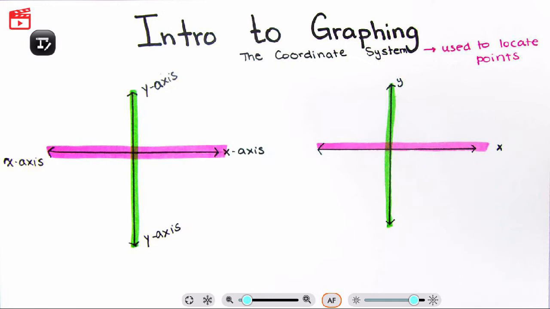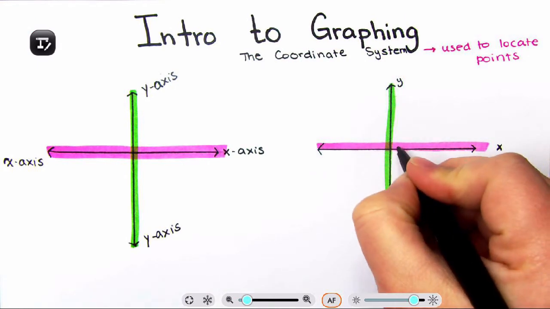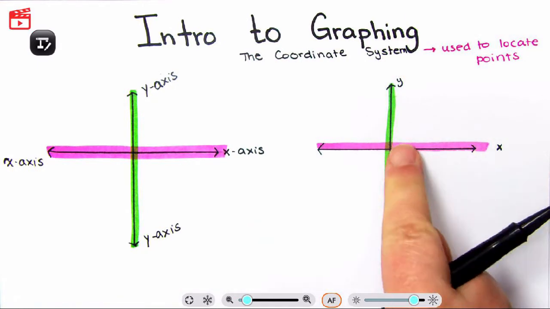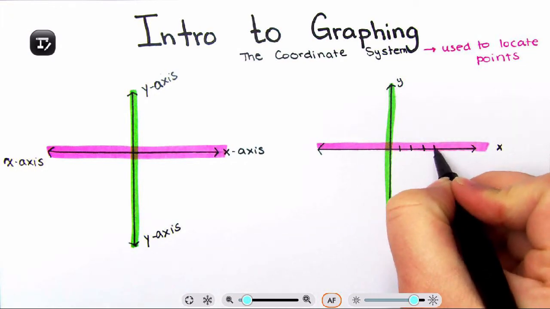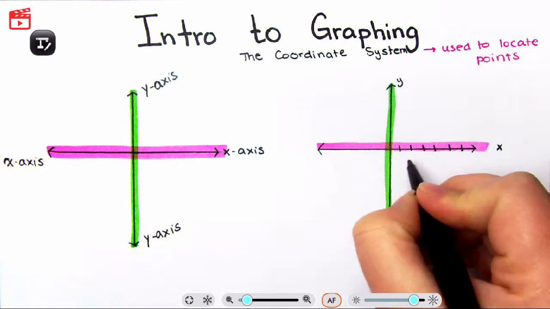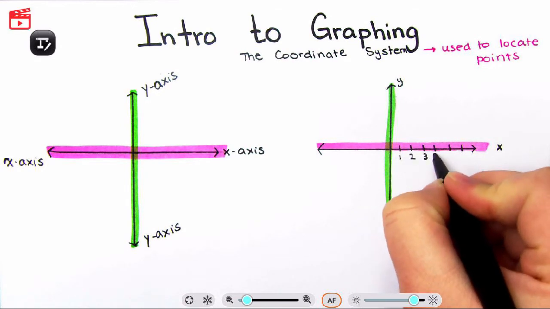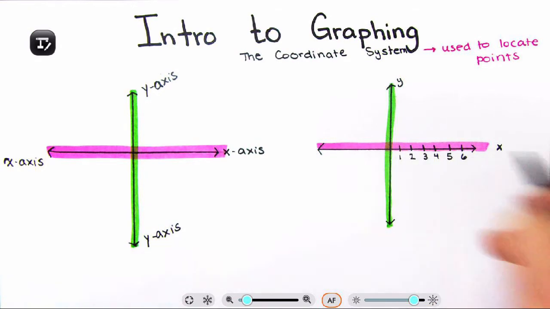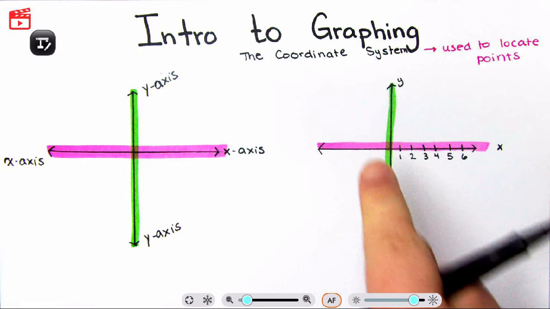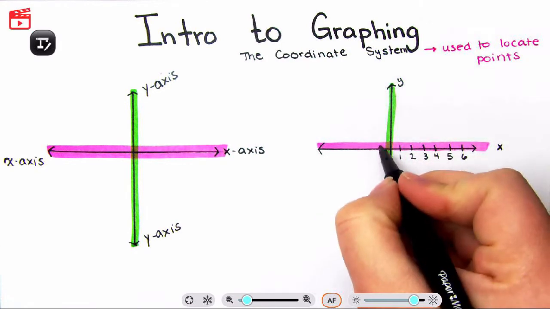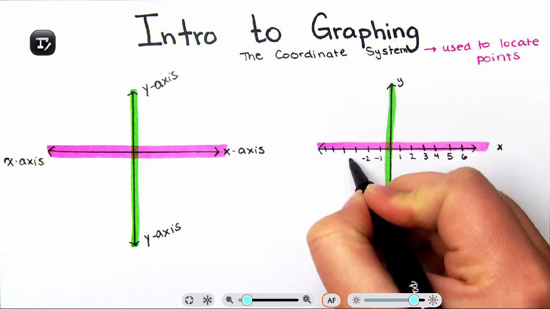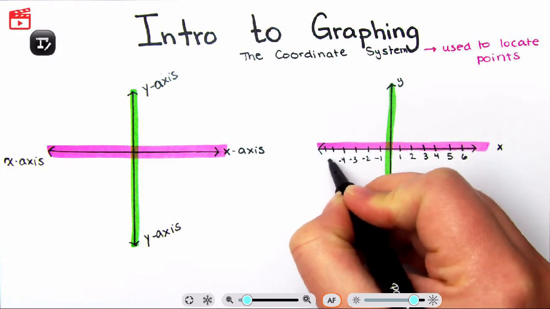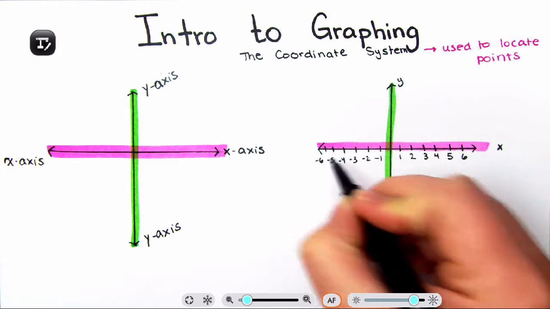On the right-hand side, the pink side, those are your positive values: 1, 2, 3, 4, 5, 6, etc. On the other side, those are your negative x values: -1, -2, -3, -4, -5, and -6.